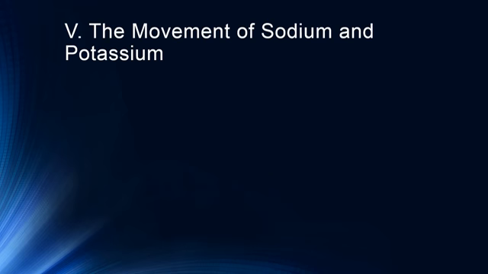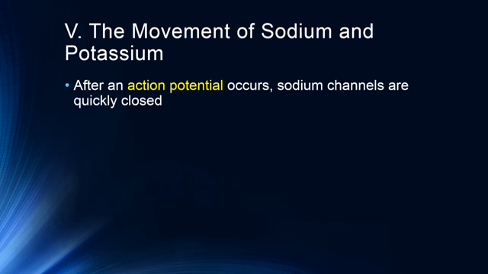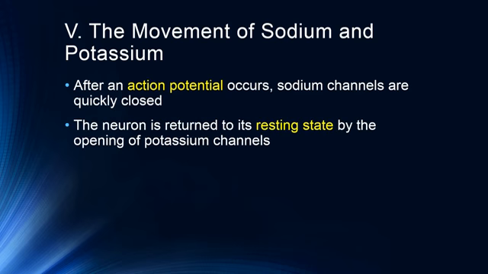So the critical thing to understand about the action potential is the movement of sodium and potassium ions. After an action potential occurs, the sodium channels are quickly closed. So the sodium channels open, sodium rushes into the cell, and the cell is depolarized, because now we've got all of those sodium ions that were outside of the cell, creating that electrical difference, now inside the cell.